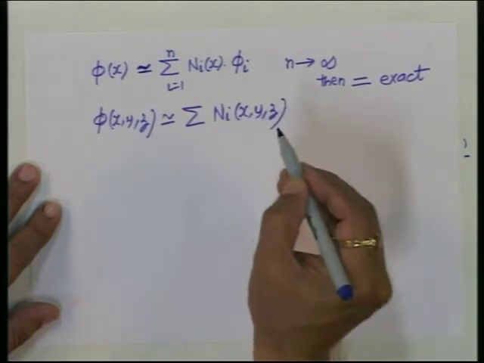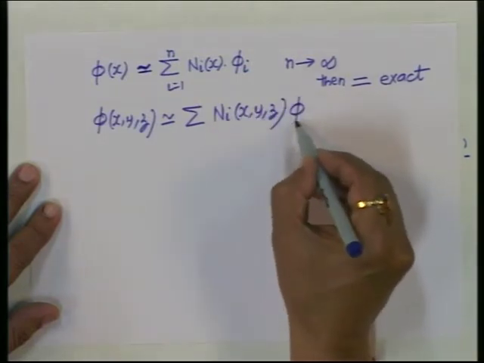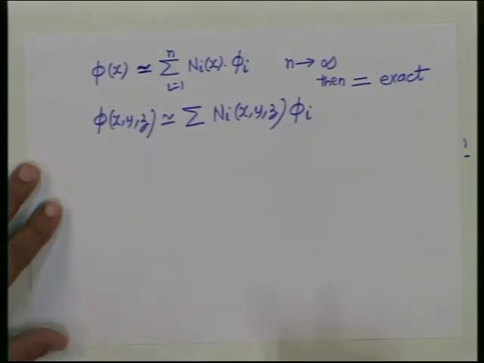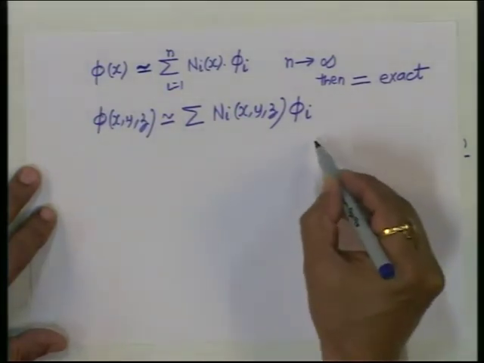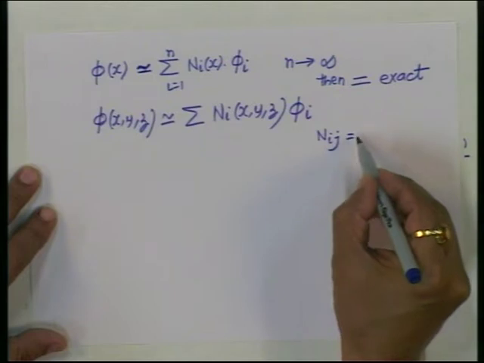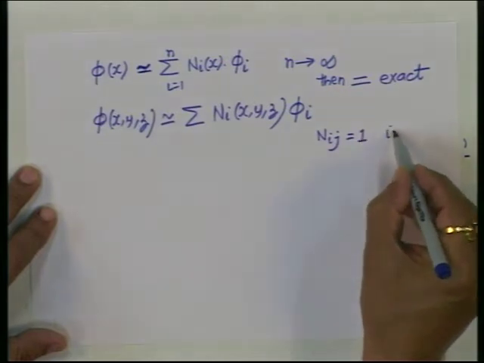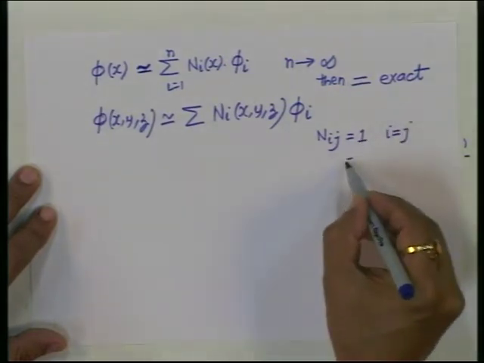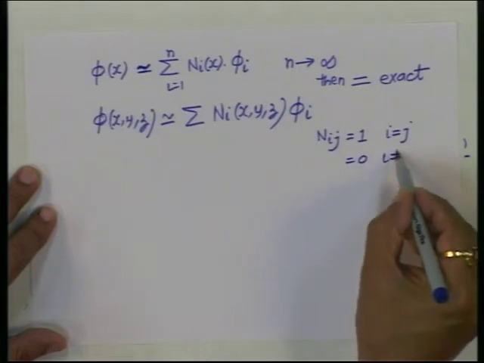Yesterday I gave you an example of why this relation holds good, because of the property of Ni, that Ni at node j is equal to 1 when i equals j, and equal to 0 when i is not equal to j.